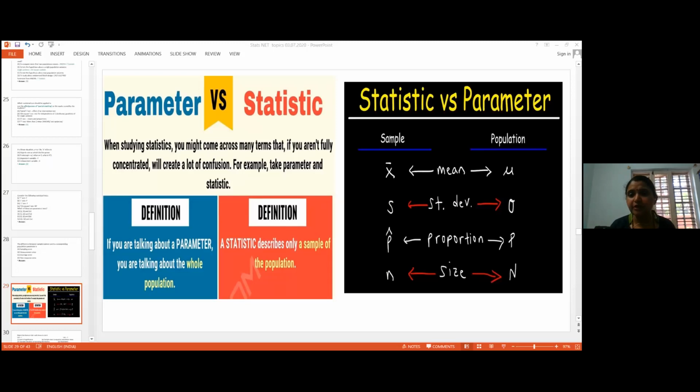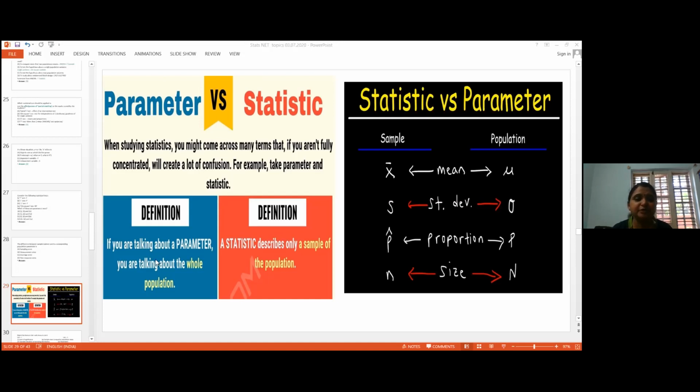Say, for example, for your population mean mu, you have sample mean x bar. For population standard deviation sigma, it is sample standard deviation S. For population proportion capital P, you have sample proportion P hat. For population size capital N, you have sample size n. So this column is completely statistics and this is parameters.